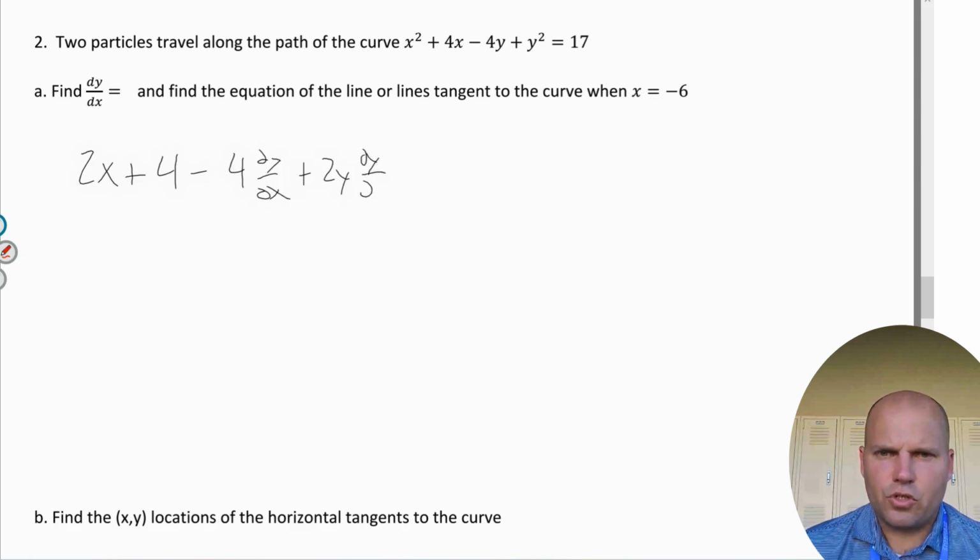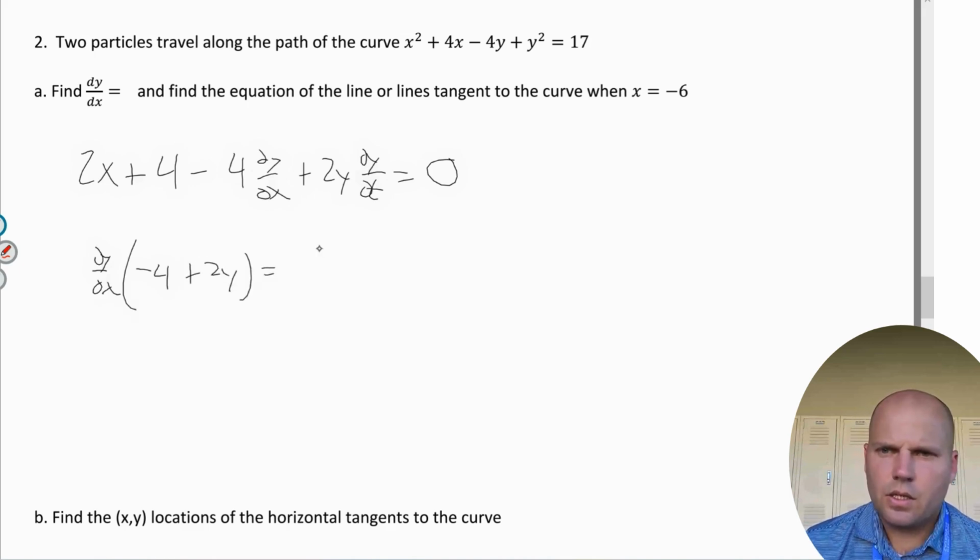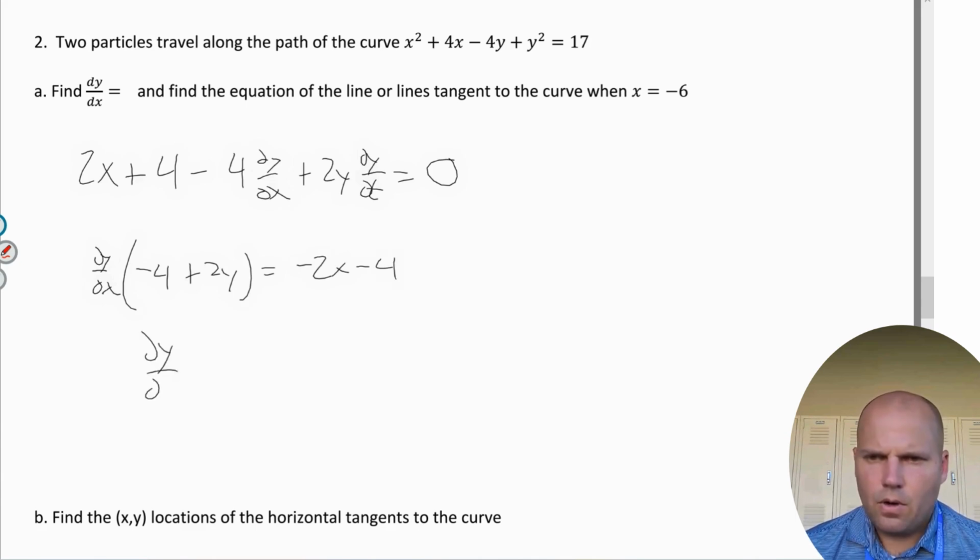Nothing to distribute, no product rule here. So pretty standard. Subtract the 2x and the 4. Factor out the dy dx. You get -2x minus 4 over -4 plus 2y.